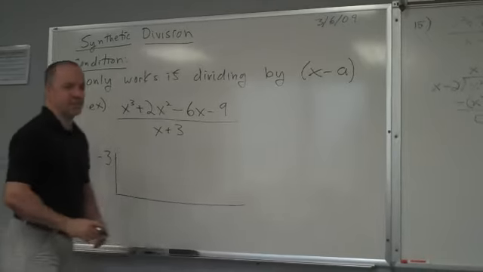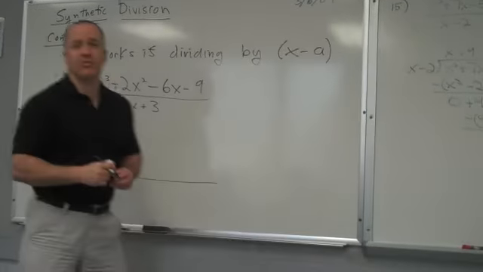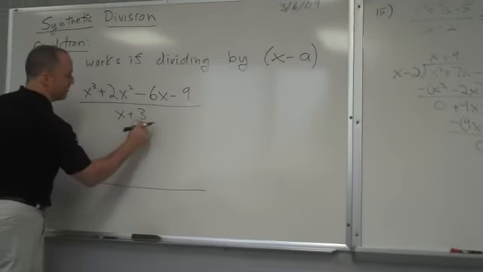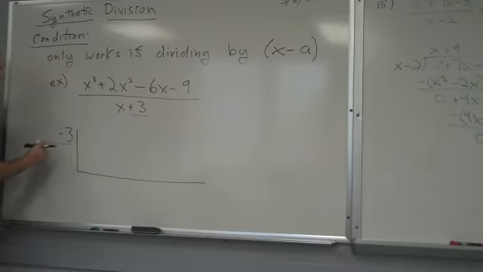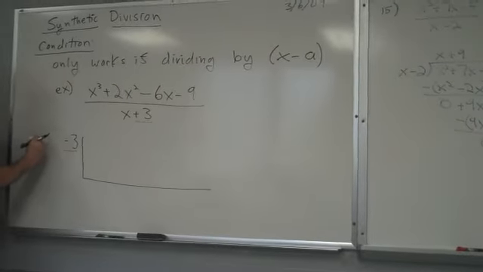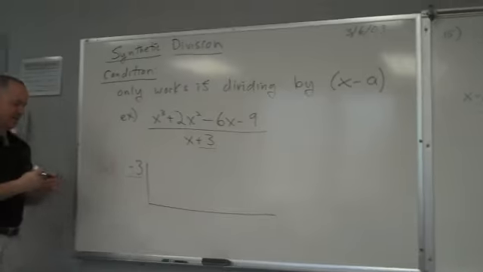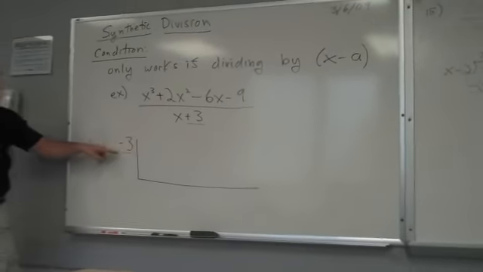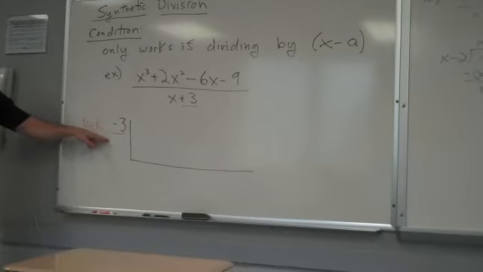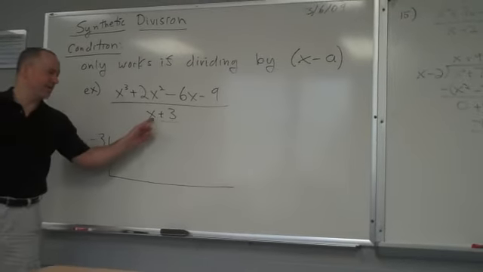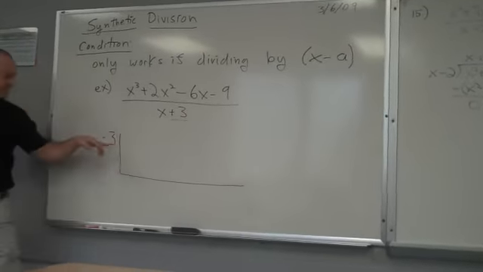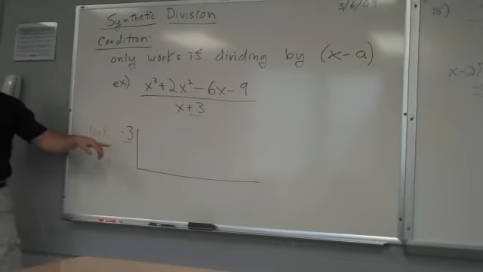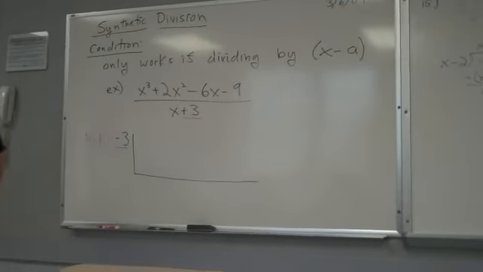The sign gets switched. There's a reason for that we'll go into next week when we talk about finding zeros. But that's the trick. If you're dividing by x plus 3, you do synthetic substitution with negative 3. If I were dividing by x minus 3, I would change this to plus 3. You always change the sign.